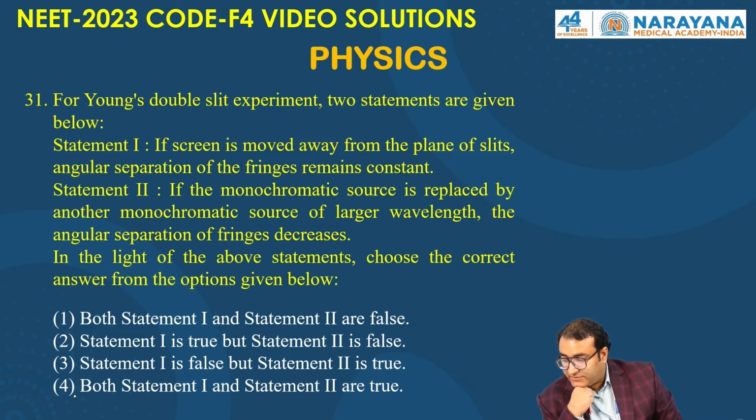Question number 31. For a Young's double slit experiment, two statements are given. If the screen is moved away from the plane of the slits, the angular separation of the fringes.